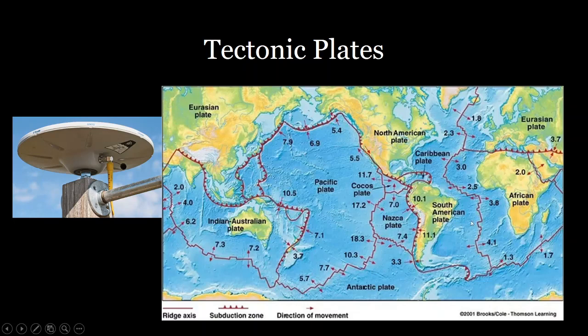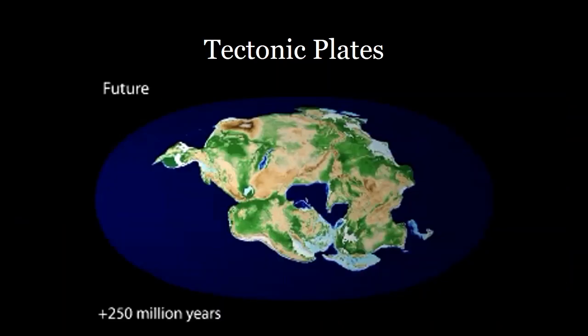And you can see here these numbers correlate to how fast the plate is moving in millimeters per year. So you have some plates that are moving very quickly, such as these plates over here, whereas other plates, such as the Saudi Arabian plate, are moving very slowly. And so that gives us a good idea of how these plates are moving in relation to each other.